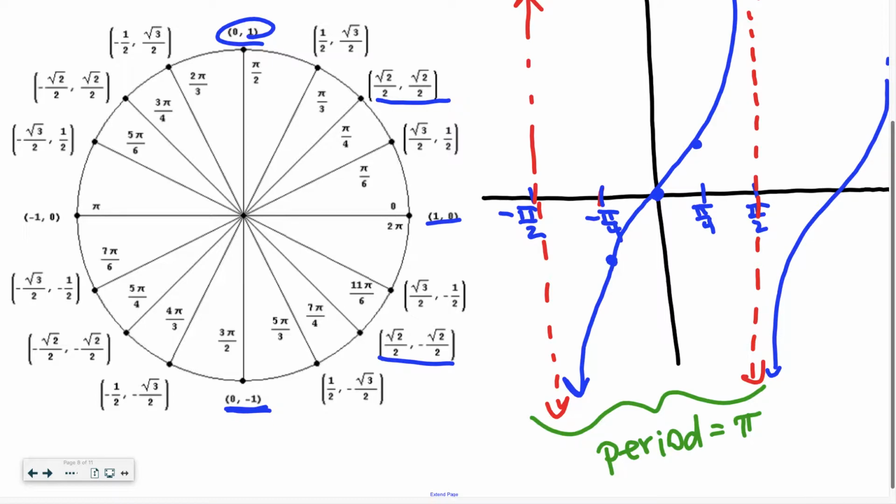Now, we are still going to use the framing method for tangent, but it's going to look quite a bit different. Okay? So I have a new blue sheet so you can understand the differences in our frame here. Okay, so you see on your blue sheet, we still have the same format with A tangent of bx minus c plus d.